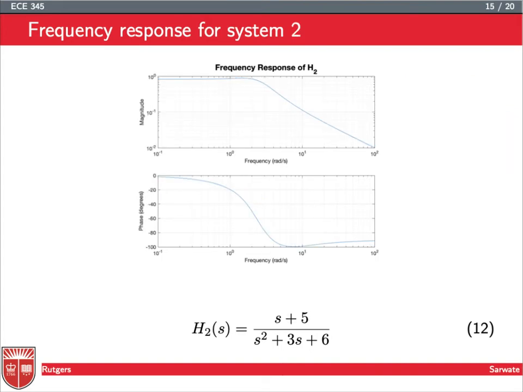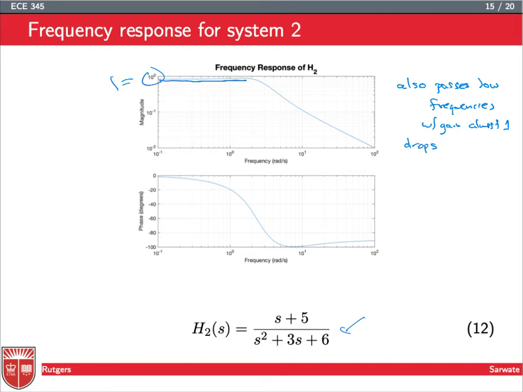What about H2, our system over here? This also is flat for a while, so it also passes low frequencies. And in this case, the gain is almost 1, right, 10 to the 0 is equal to 1. And then it drops off and attenuates higher frequencies.